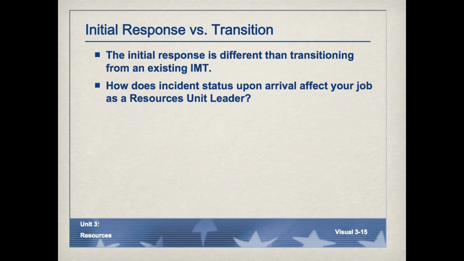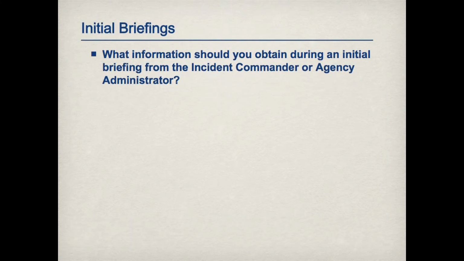It's important for us to determine the specific incident setup needs for other federal agencies. Initial briefings can come in many forms. Sometimes the resource unit leader arrives after the formal initial briefing. The incident commander might brief the agency administrator one-to-one. The resource unit leader might not participate. There will probably be gaps in the information regarding the incident's resources depending on the complexity or status of the incident.